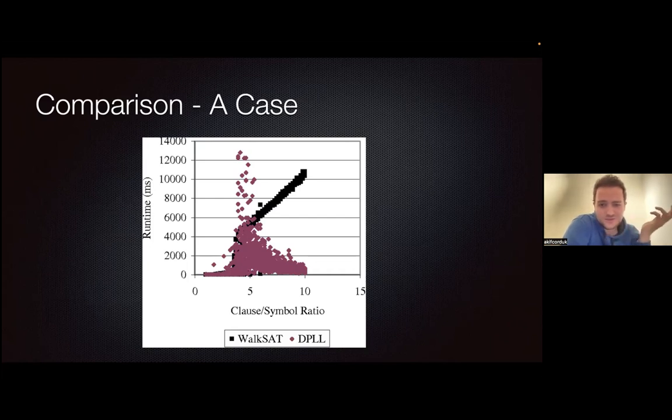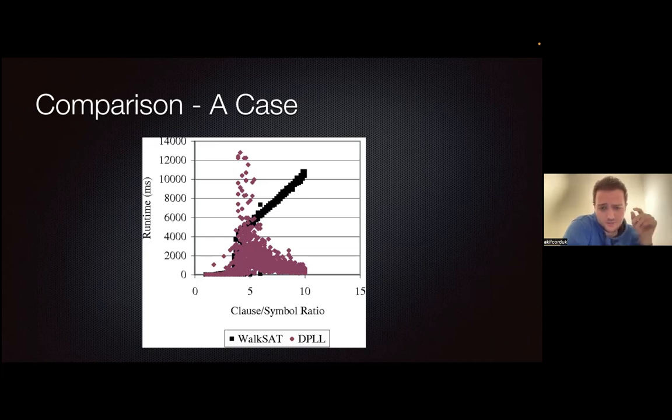The reason for this is that exploring this DFS tree might take very different times depending on which initial literal and which initial assignment you started with. And the clause to symbol ratio matters too.